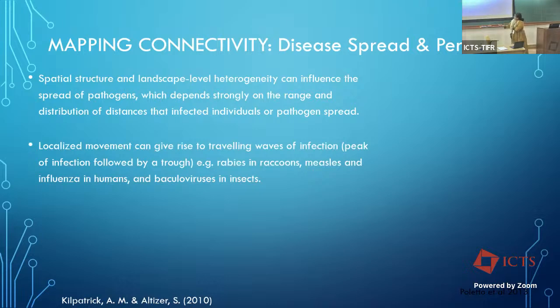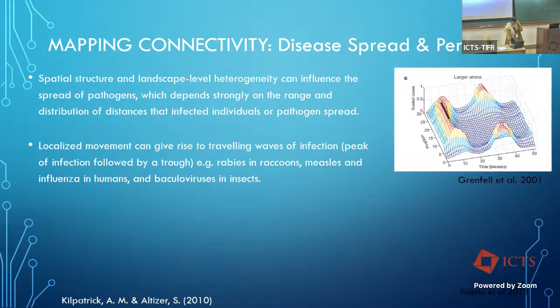So what people have found in some cases using this approach is that often localized movements can give rise to what's called traveling waves of infection. So you have peaks of infection over space that are followed by troughs over time. Examples of these, it's been shown for rabies with raccoons, measles and influenza in humans, and baculoviruses in insects.